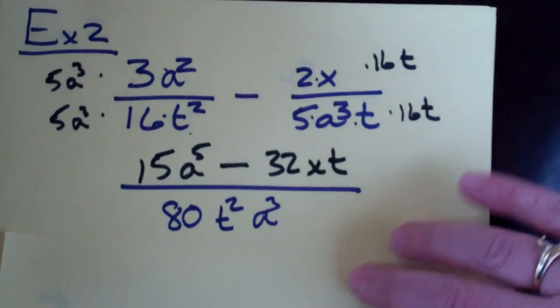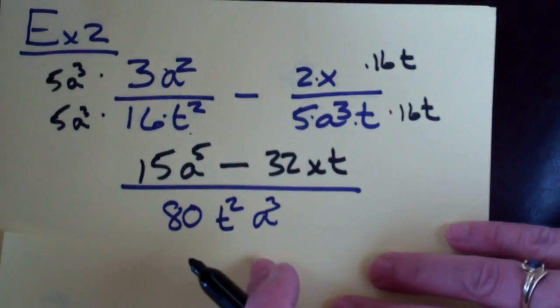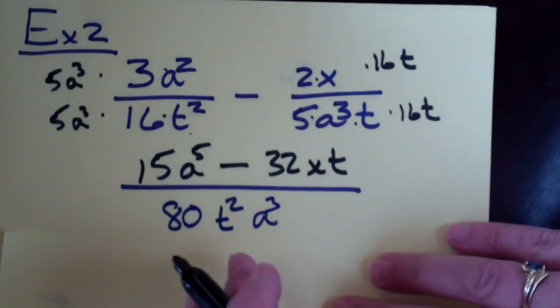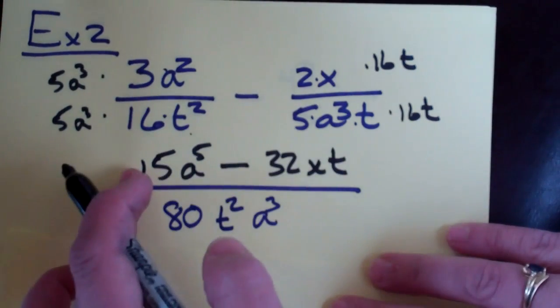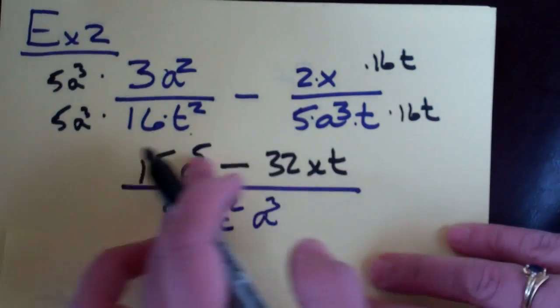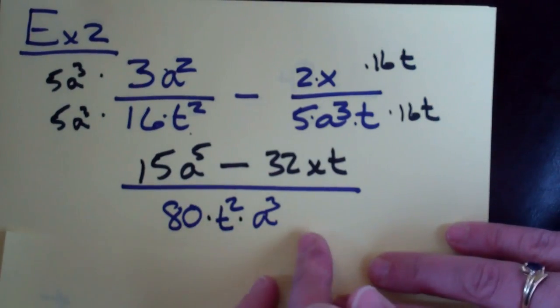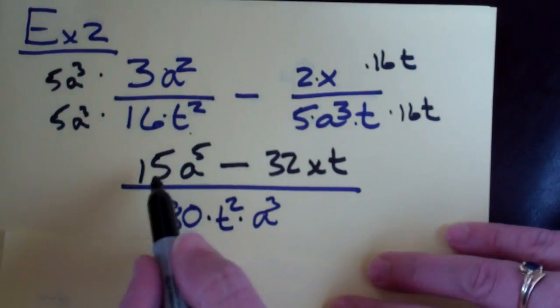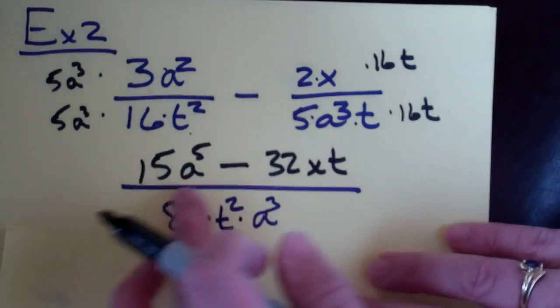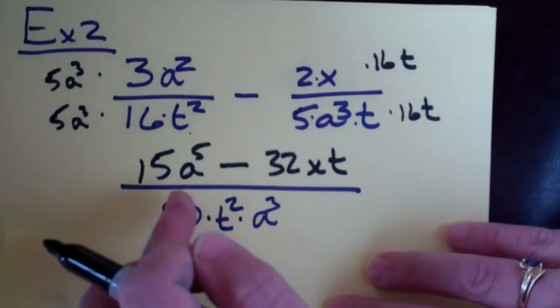At this point, if you look at this final result, is there anything that I can factor out of the numerator? If I could factor out something out of the numerator, it could possibly cancel with factors in the denominator. But as it stands right now, there are no common factors, so I can't simplify.